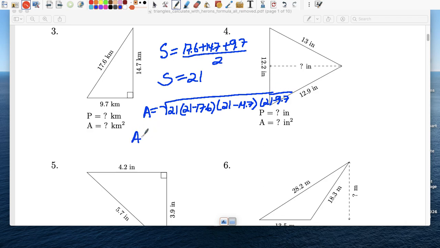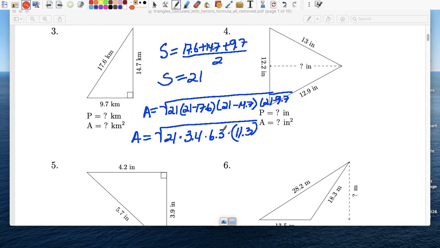That's it. Let me write it down. So it's 21 times, and let me subtract 21 minus 17.6. So we're going to get 3.4. The second one, 21 minus 14.7, that's going to give us 6.3. And the last one is 21 minus 9.7. That's going to give us 11.3.